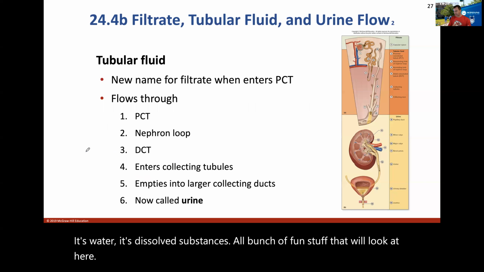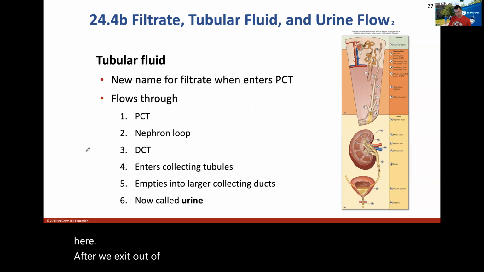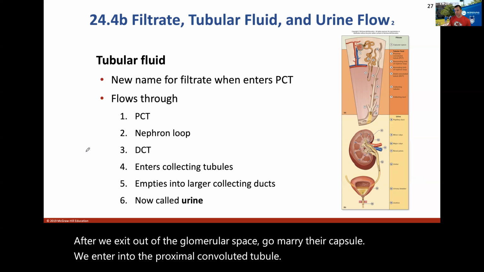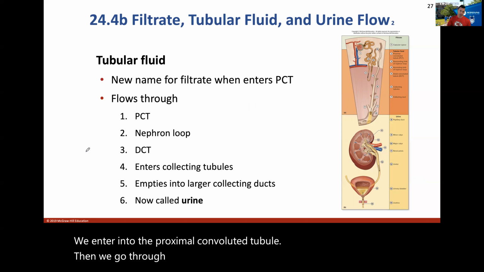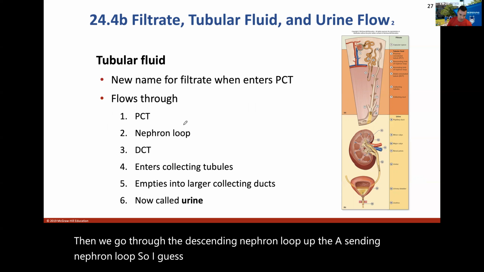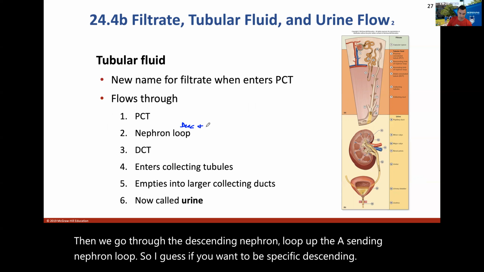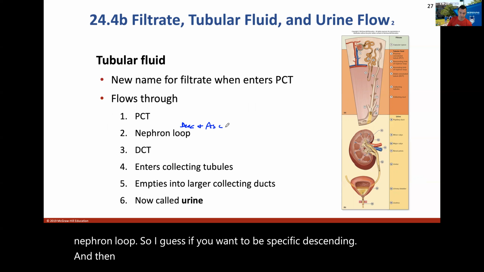After we exit out of the glomerular space, the glomerular capsule, we enter into the proximal convoluted tubule. Then we go through the descending nephron loop, up the ascending nephron loop. So I guess if you want to be specific, descending and then ascending. Okay.